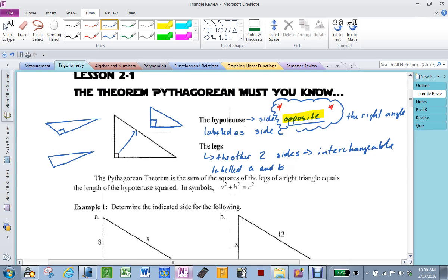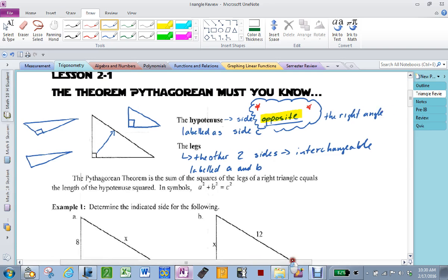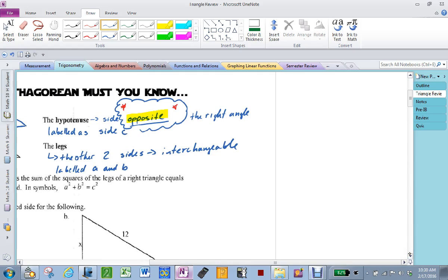Once again, I am going to caution you. Memorizing it that way can lead to trouble. And here is why. Do not draw this, just pay attention.